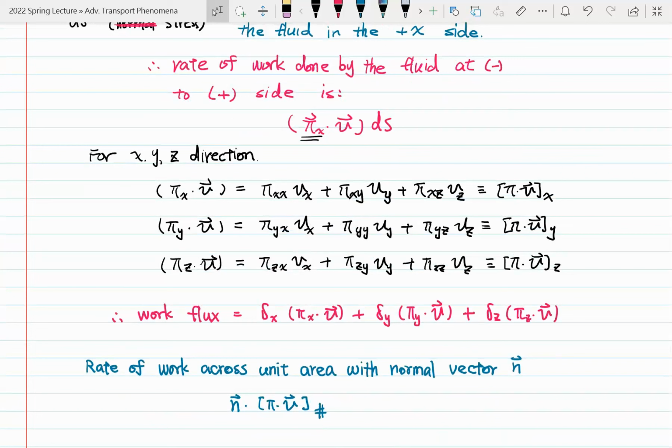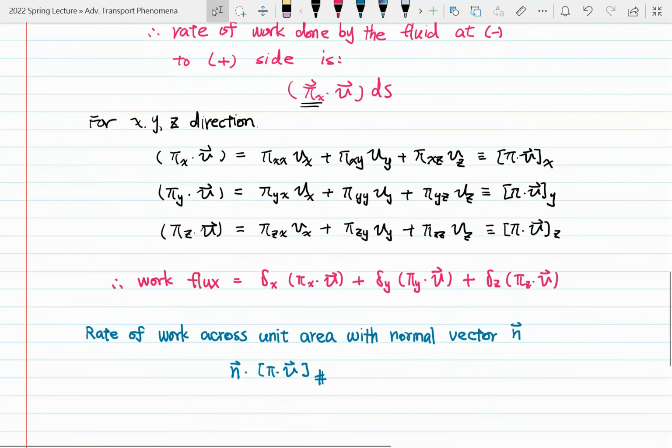Okay, so remember that up to now, we have introduced all mechanisms of energy fluxes. We started with thermal conduction, then we introduced the convective energy flux, and finally the work flux. So it's a good time for us now to introduce what's called the combined energy flux vector.